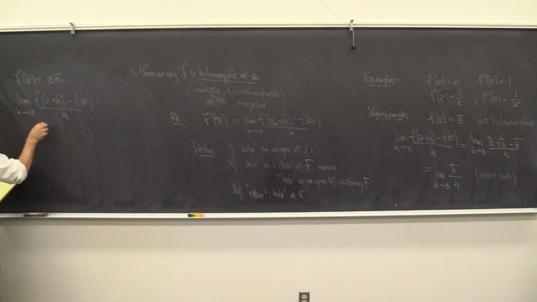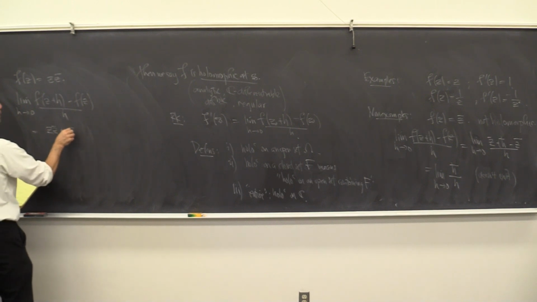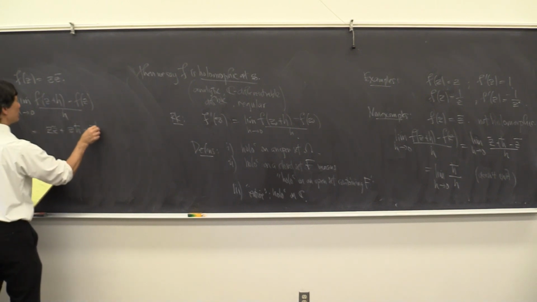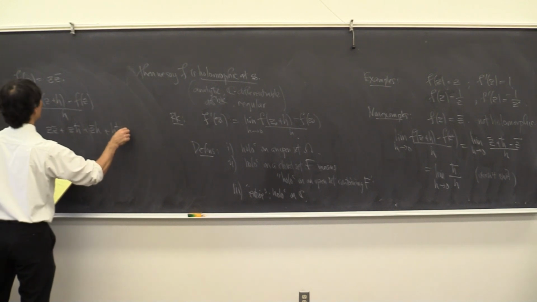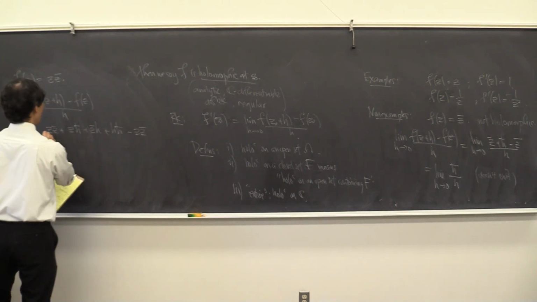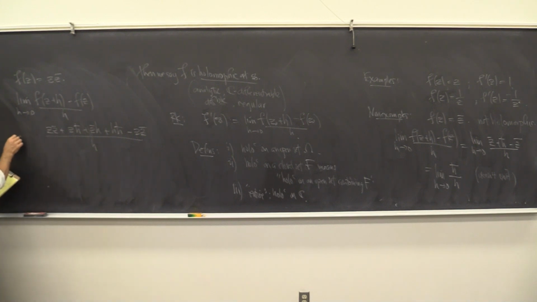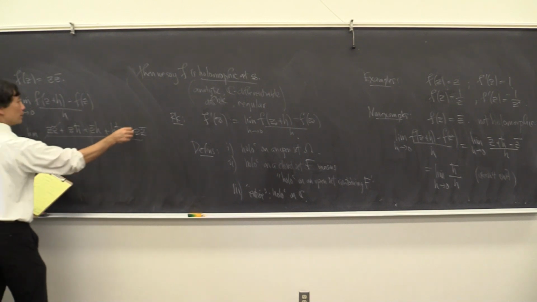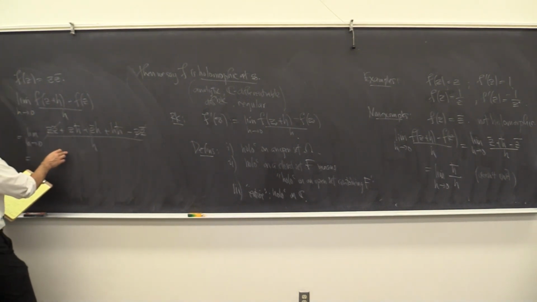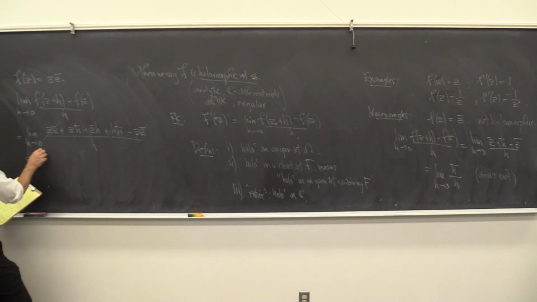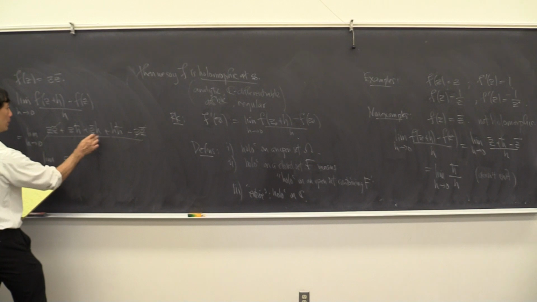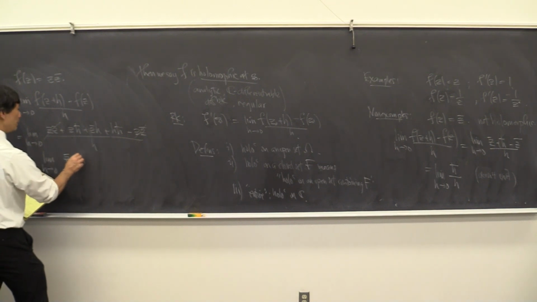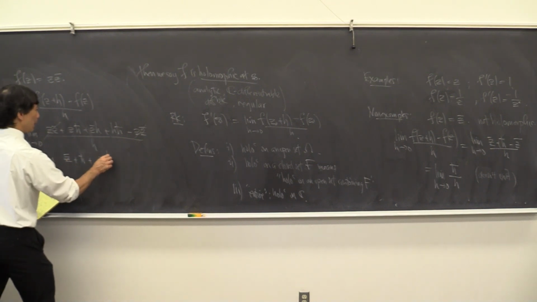We're going to get (z + h)(z̄ + h̄) - z z̄, which is z h̄ + z̄ h + h h̄, over h as h goes to 0. And these things cancel off, of course, and you're left with z̄ + h̄ + z h̄/h.